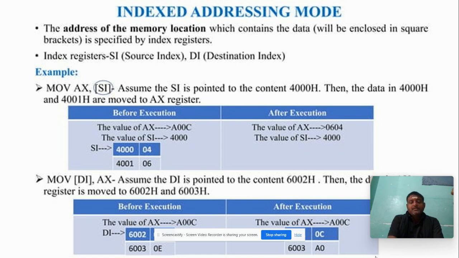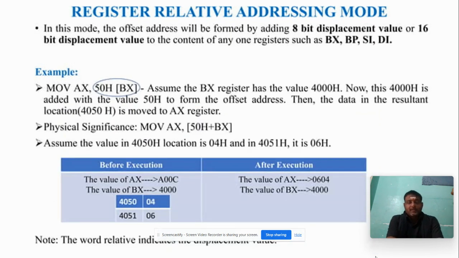After execution of this instruction, 6003 is A0. This is the indexed addressing. Indexed addressing means we are using index registers in the source or destination operands.